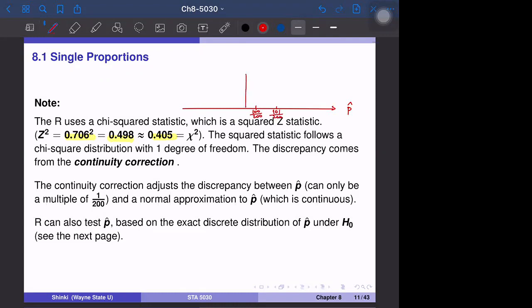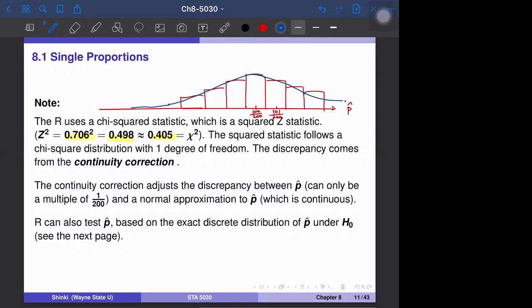So the distribution is like this, so it's discrete. And the discrete distribution was approximated by a continuous curve, a normal curve, like this. So we have some discrepancy.